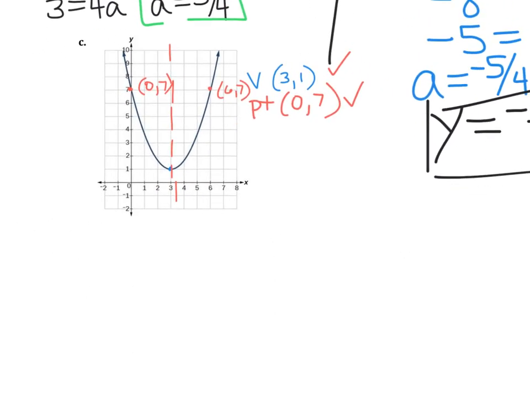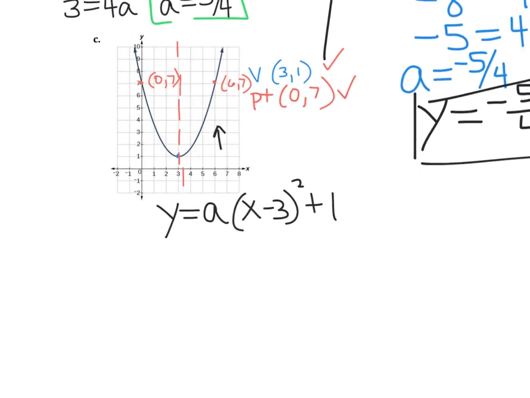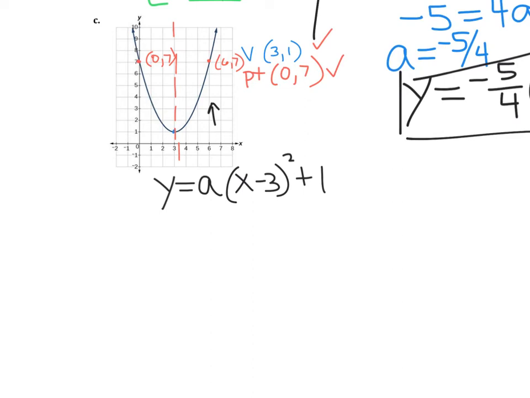So I have y equals a, I don't know what a is. I do know that a is positive because my parabola is opening up. And then the vertex would be (x minus 3) squared plus 1. Now let's take our point and plug in this point for x and y. So 7 is the y, x is 0.